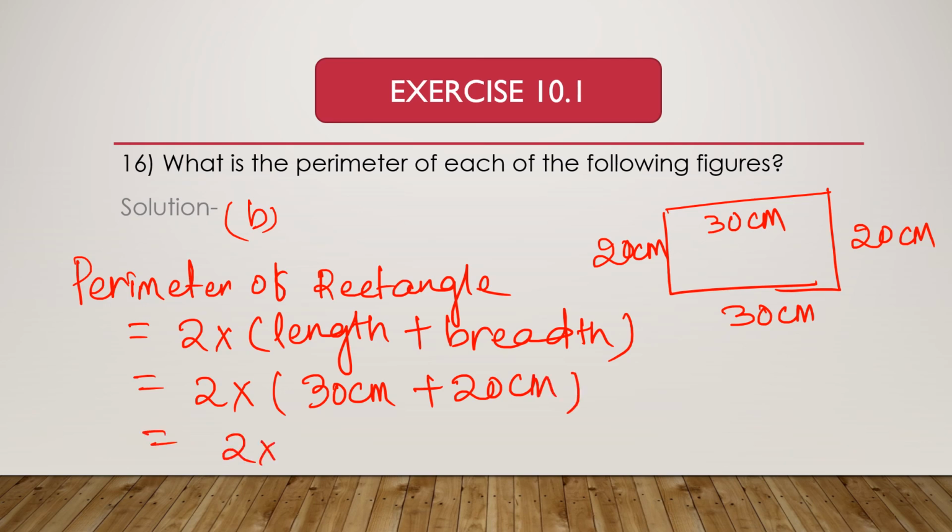So 2 multiplied by 30 plus 20 is 50 centimeter, which is equal to 100 centimeter. Perimeter of the rectangle having length 30 centimeter and breadth 20 centimeter is 100 centimeter.